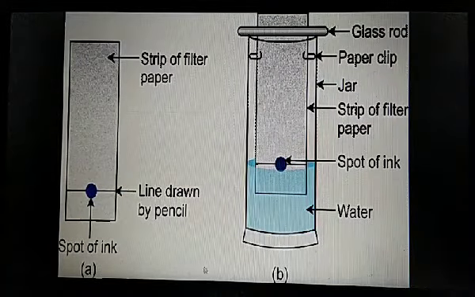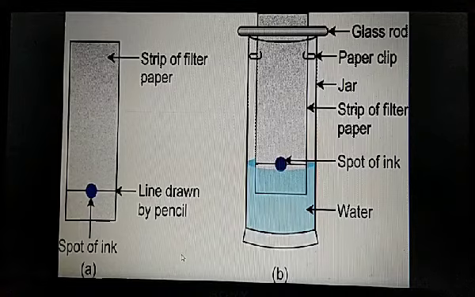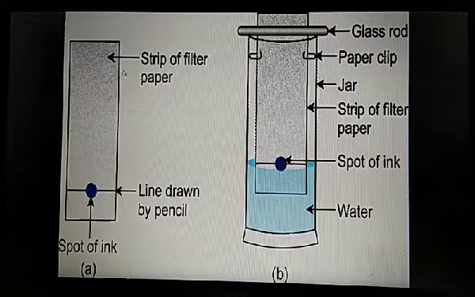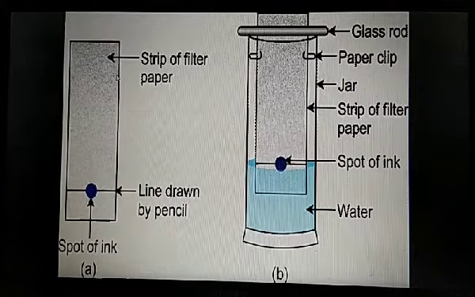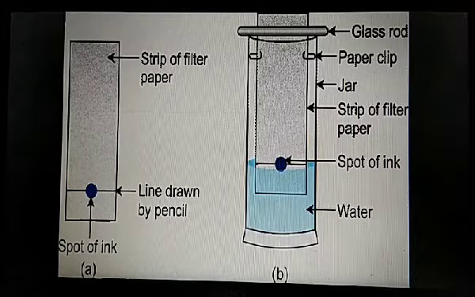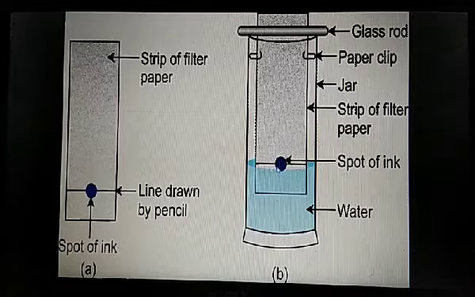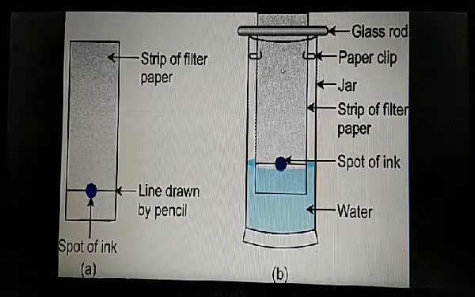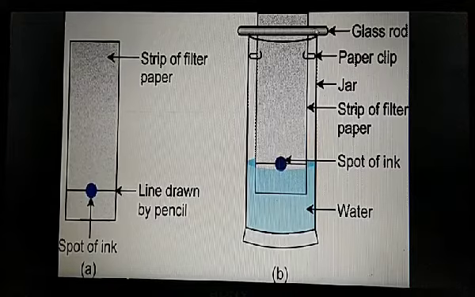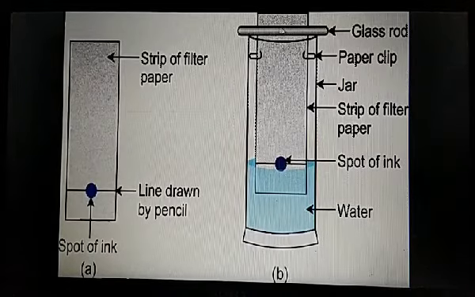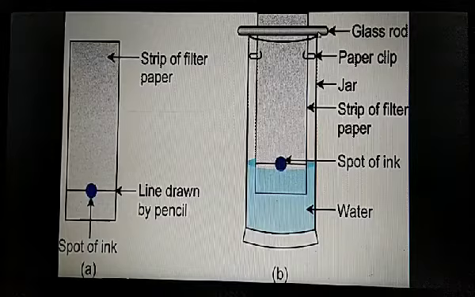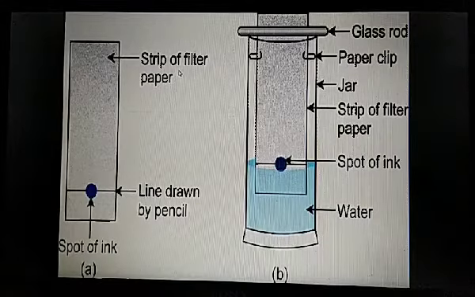In order to carry out this process, we need certain materials: a strip of filter paper, or you can take chromatography paper also, and a beaker which should have some water in it, and let's say we have taken a clip or any support which can hold this filter paper.